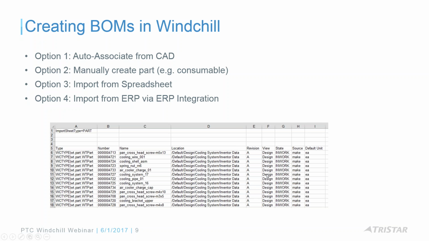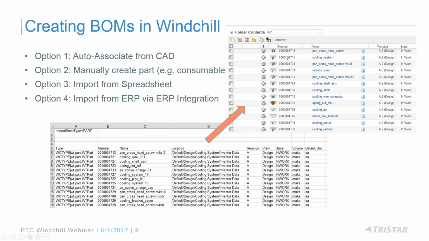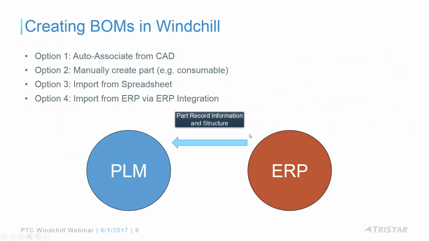So those then can be imported into Windchill, and Windchill parts created off of those. If those parts already exist as CAD models, you can associate the existing CAD model to these parts after the fact.